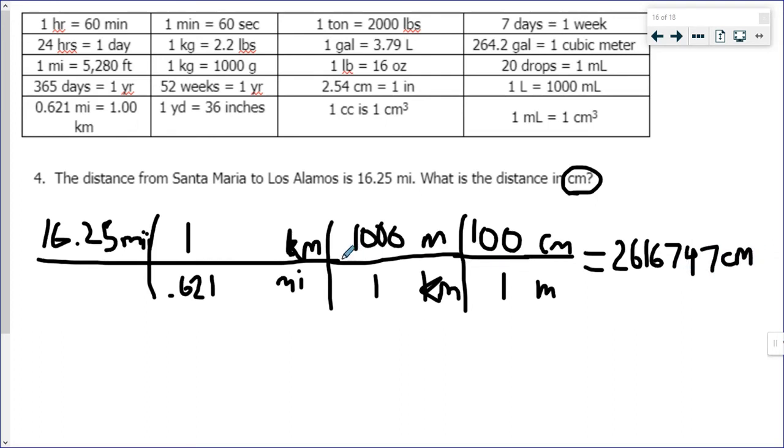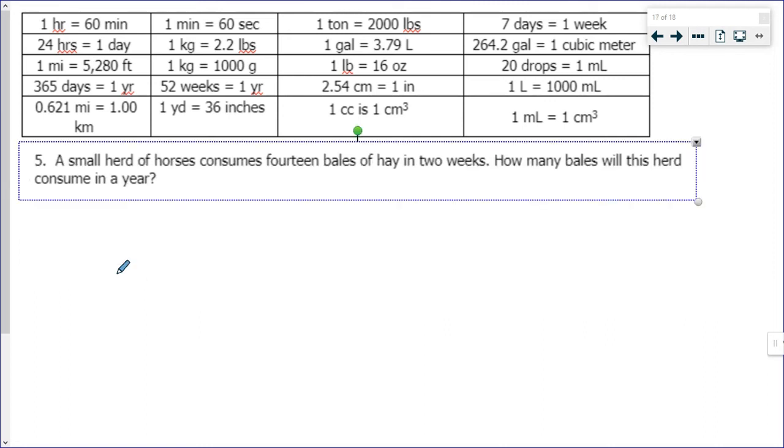If you think about that, you know how long a centimeter is, and you know how long a mile is. That's like 4 laps around the track. There's a lot of centimeters in that many miles. So when you're done with these, sit back and look at the answer and see if it makes rational sense.